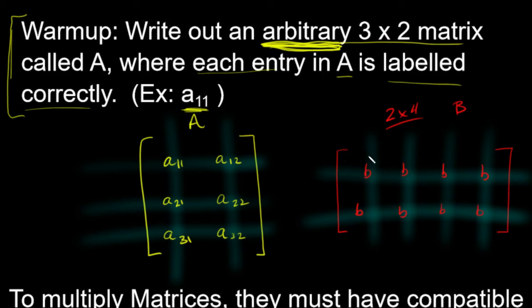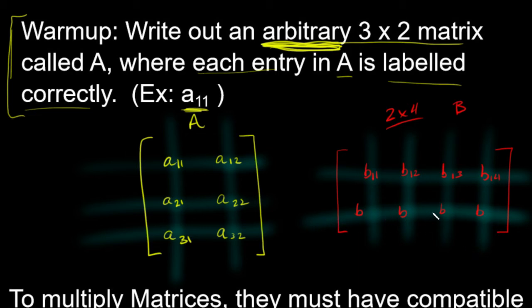And then the specific entries will be b11 for first row, first column. Then you can go over here to b12, that's the first row, second column. Then you've got b13, that is the first row, third column. And b14, that is the first row, fourth column.